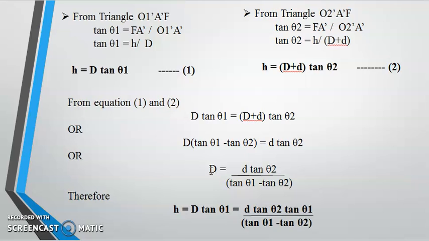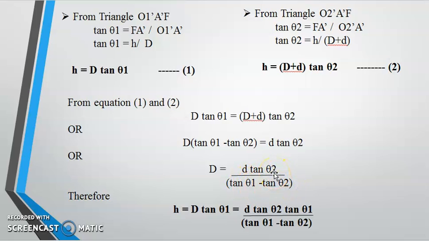We can very well get small d, as both the instrument stations will be very close, or we can choose the instrument station accordingly to get the value of small d. So here capital D is unknown to us. Simplifying this expression, we get capital D equal to small d tan theta 2 divided by (tan theta 1 minus tan theta 2).